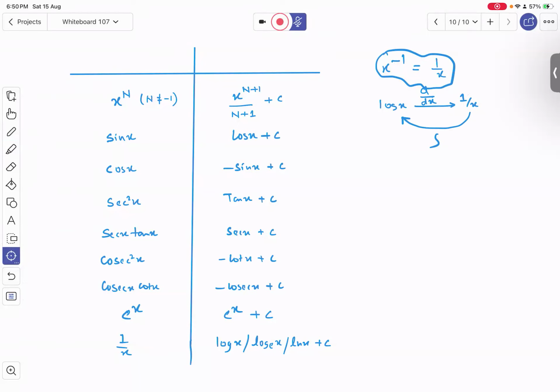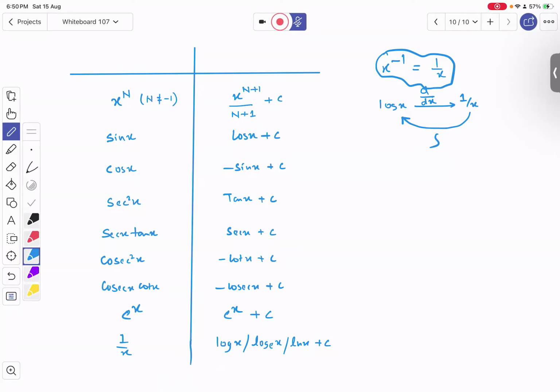Also, when I use n as minus 1 in the formula, I get an undefined answer. It's like math telling you not to use this formula when n is minus 1, because that thing is really 1 by x, which is the differentiation of log x. So integration of 1 by x must be log x, not anything else. Okay, I hope that's clear, no?